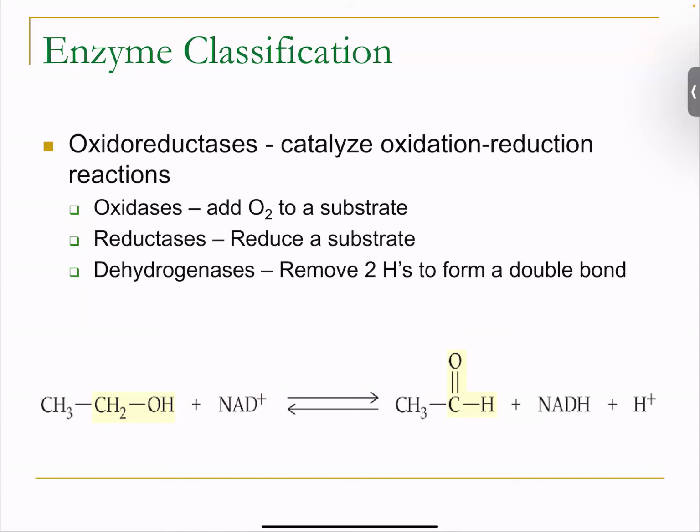In so doing, it reduced the NAD plus to NADH, and you have an H plus. So this is a dehydrogenase, removal of hydrogen. A reductase reduces the substrate, typically by adding hydrogen. An oxidase oxidizes the substrate by adding oxygen.